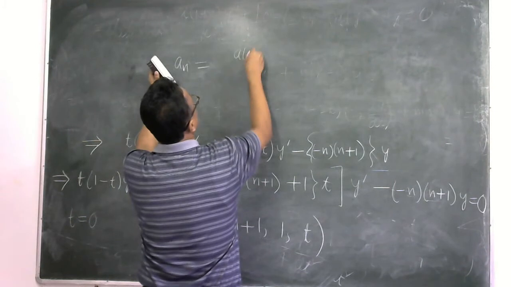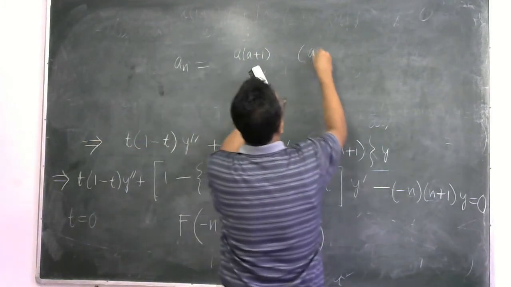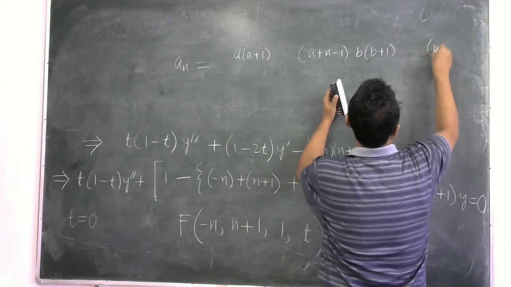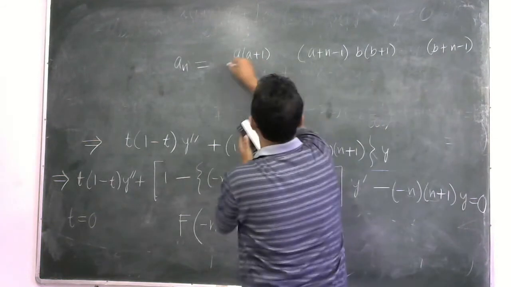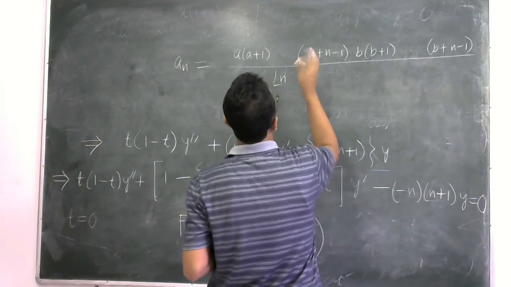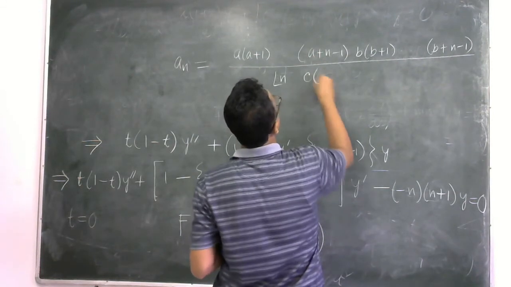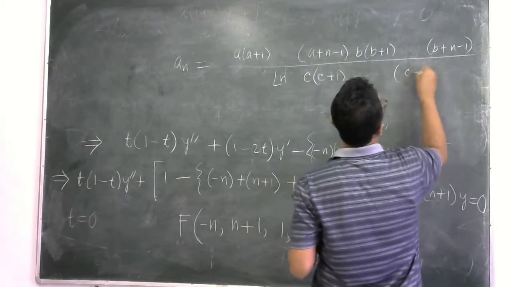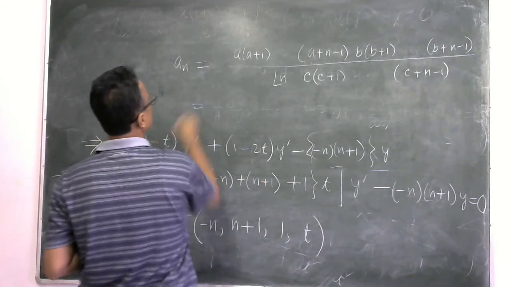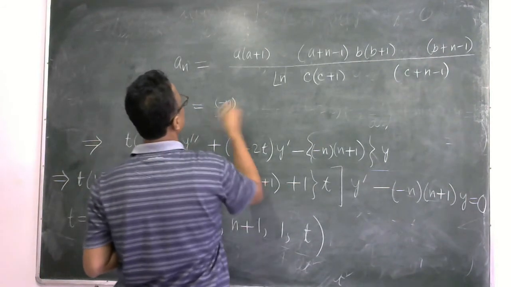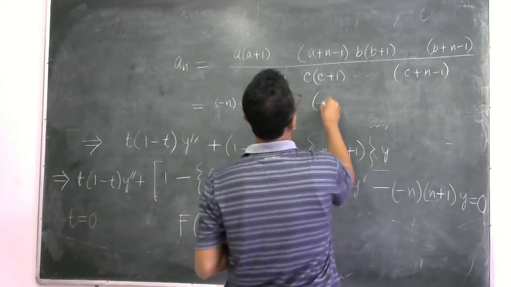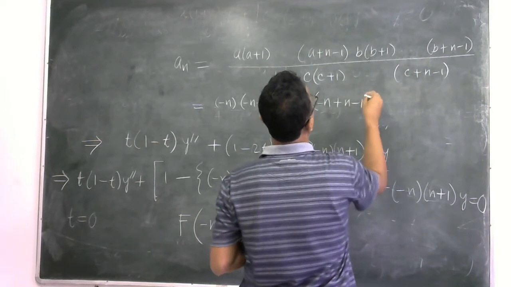An was a into a plus 1, a plus, then factorial n, and then what? C into c plus 1 up to c plus n minus 1. Okay, so here a is minus n, minus n plus 1, ultimately minus n plus n minus 1.